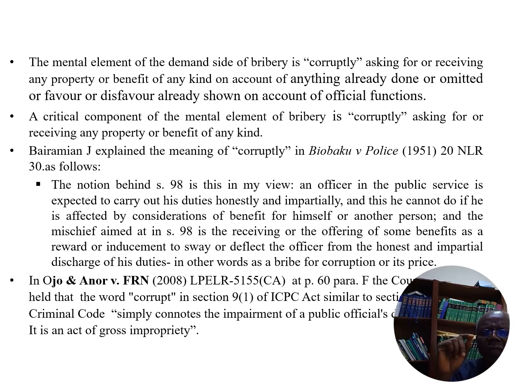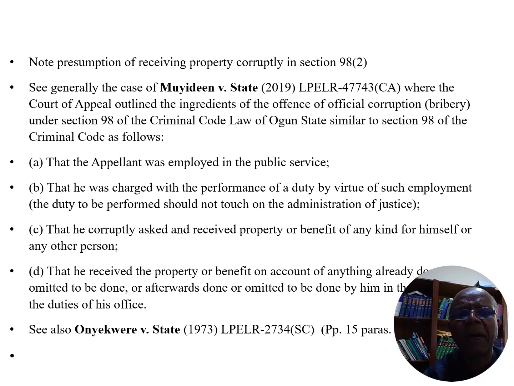So the asking or receiving of the property or benefit of any kind must have been done to impair the performance of the public officer's duty, to act honestly and impartially. And that is what makes the asking, the giving, the obtaining, or the attempting to obtain a property or benefit of any kind corruptly for the purpose of that provision.